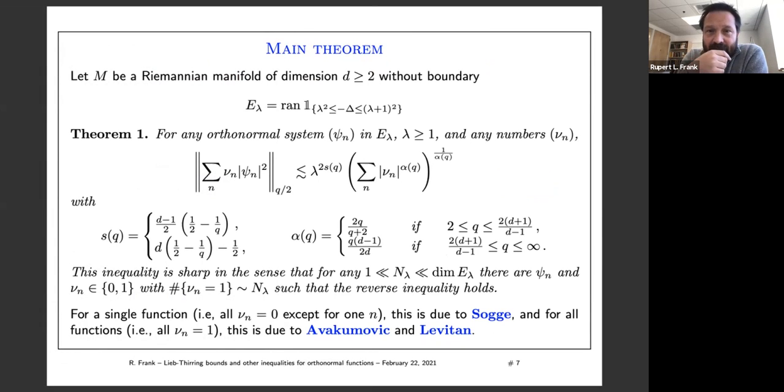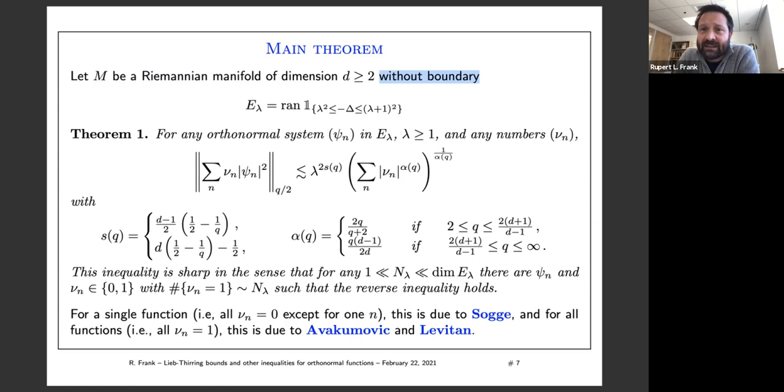And so now I'm stating this theorem in somewhat more detail. I'm stating this in a general setting. Let M be a manifold of dimension d greater or equal than 2. And the important word here is really that it's without boundary. To be completely honest, the boundaries we cannot deal with.